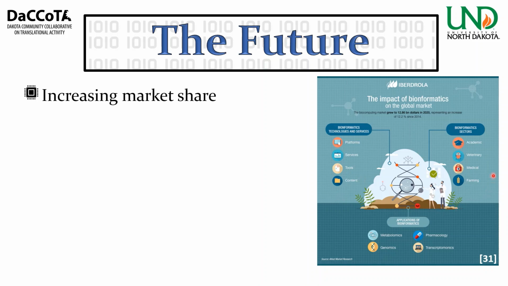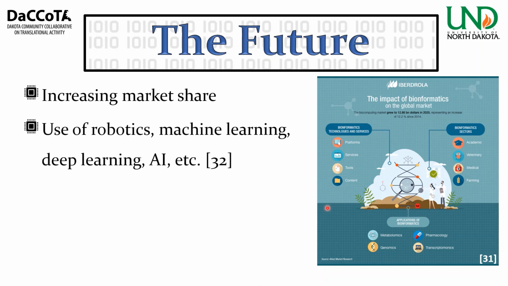So sectors of bioinformatics are growing, applications are growing, technologies and services are growing. And as a basic overview, a post from LinkedIn, reference 32 here, talked a little bit about how with bioinformatics, there's certainly going to be a growing role of robotics.